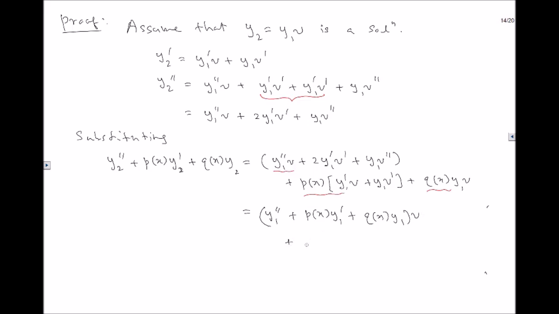Then you have the rest: y1 v double prime plus 2 y1 prime v prime plus p(x) y1 v prime.